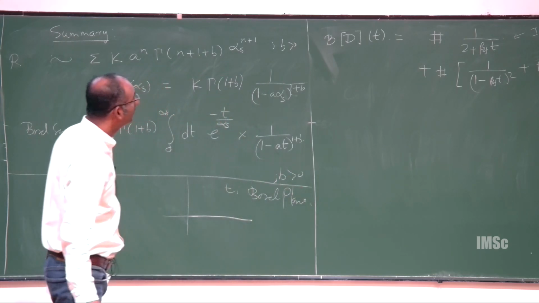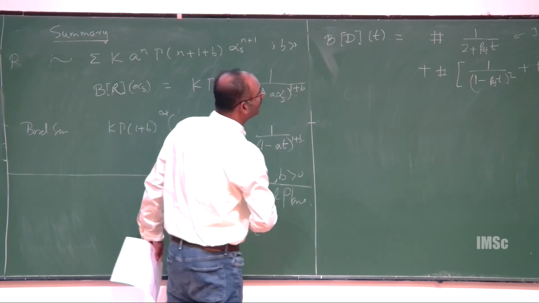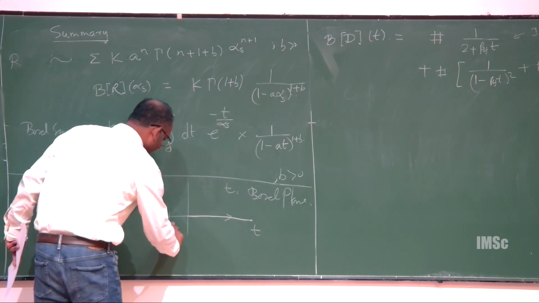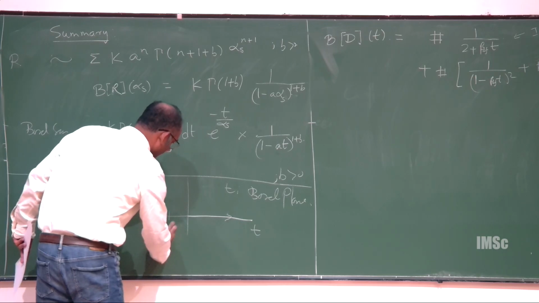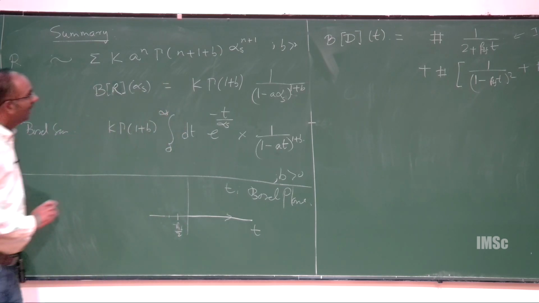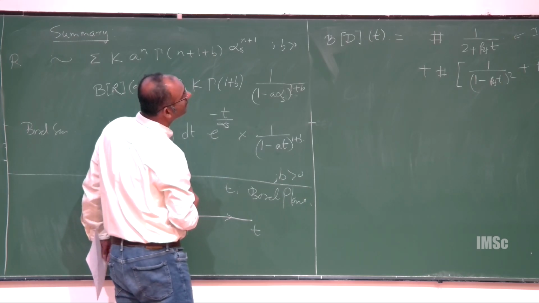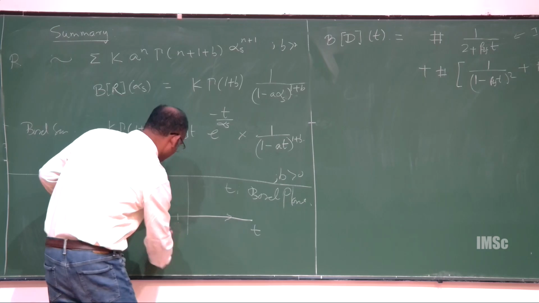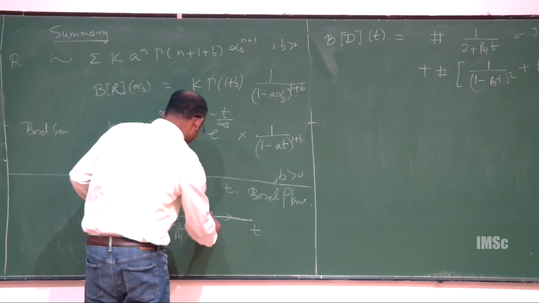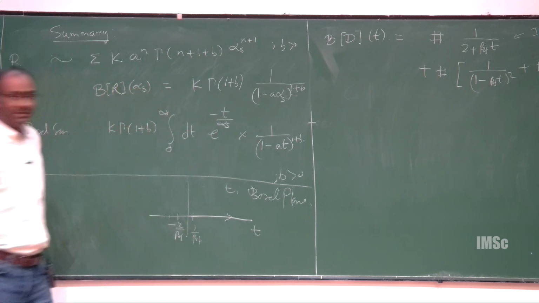And we see now that the IR pole is sitting at t equal to minus beta naught f over 2. Again, beta naught f is positive, and the UV ones are sitting at 2 over beta naught f, and these are sitting at 1 over beta naught f.